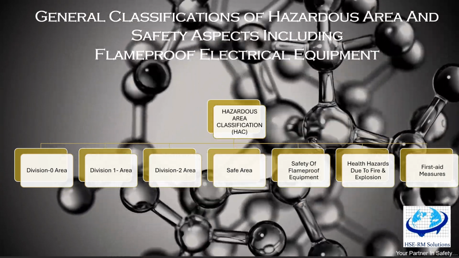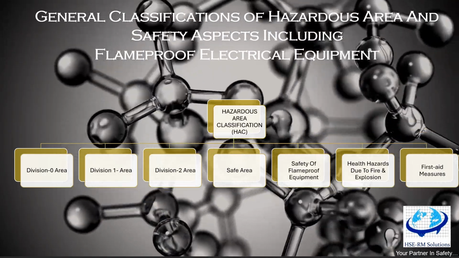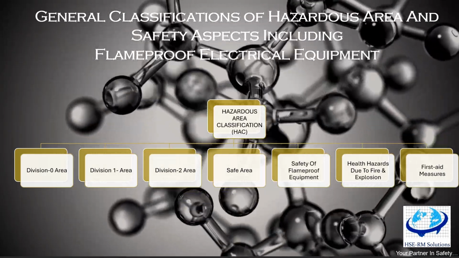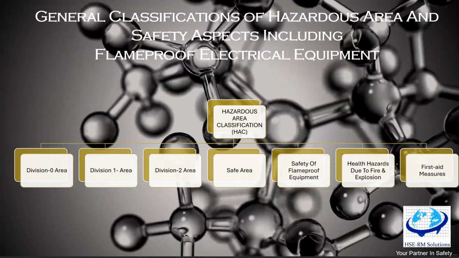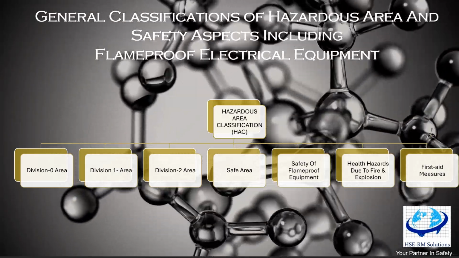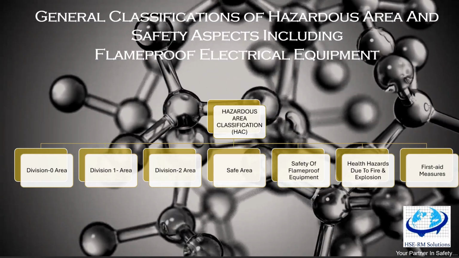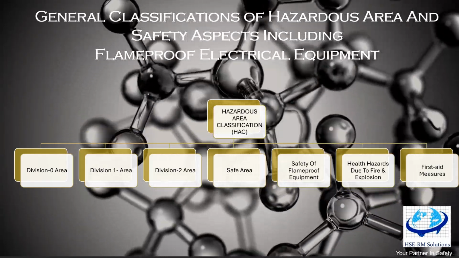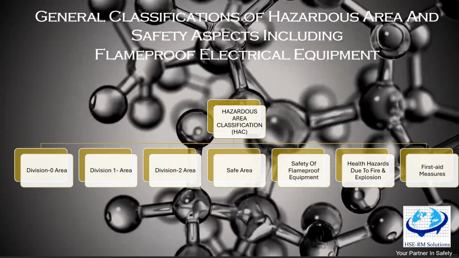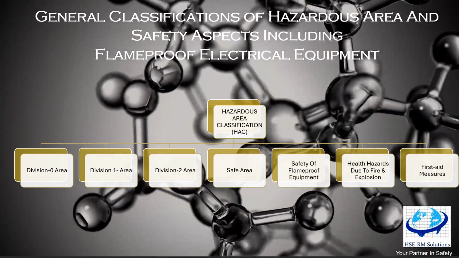So basically, when we talk of health hazard due to fire explosion, whenever there is an explosion, there are multiple gases present. If the percentage of any of these gases increases, it causes choking. It causes our lungs to stop functioning, so we will not be able to breathe.